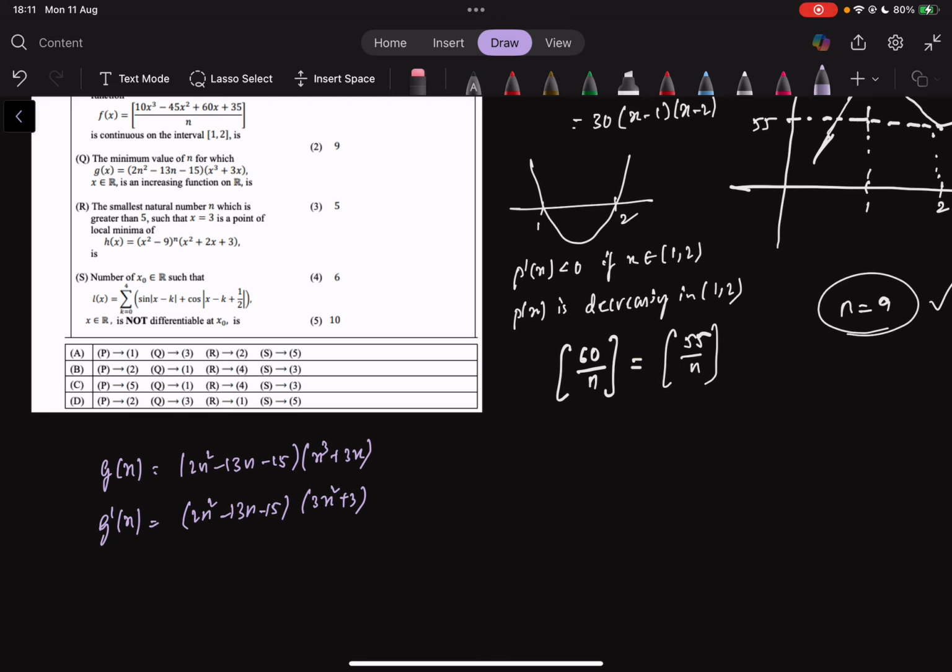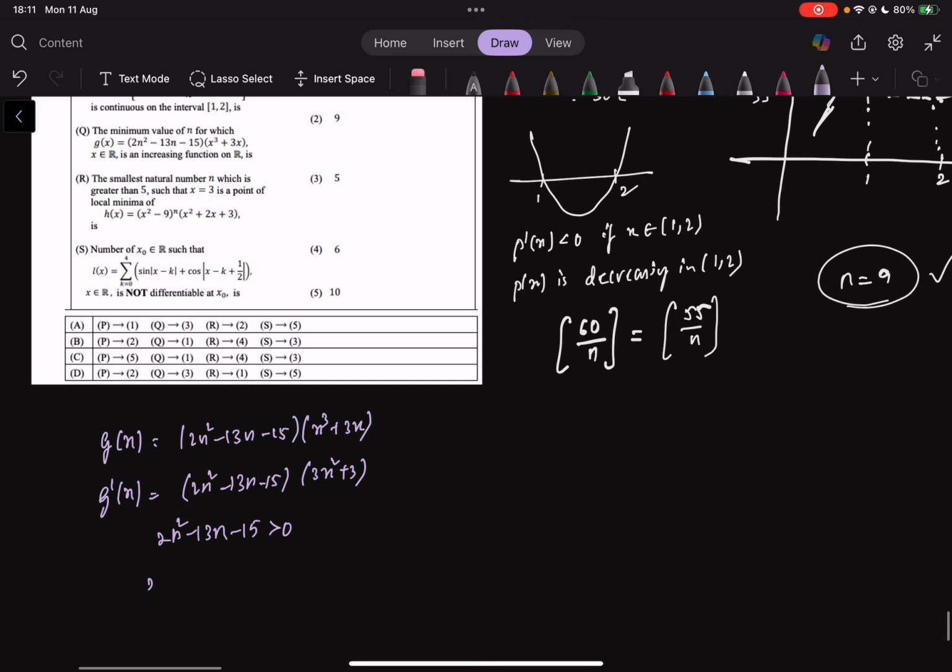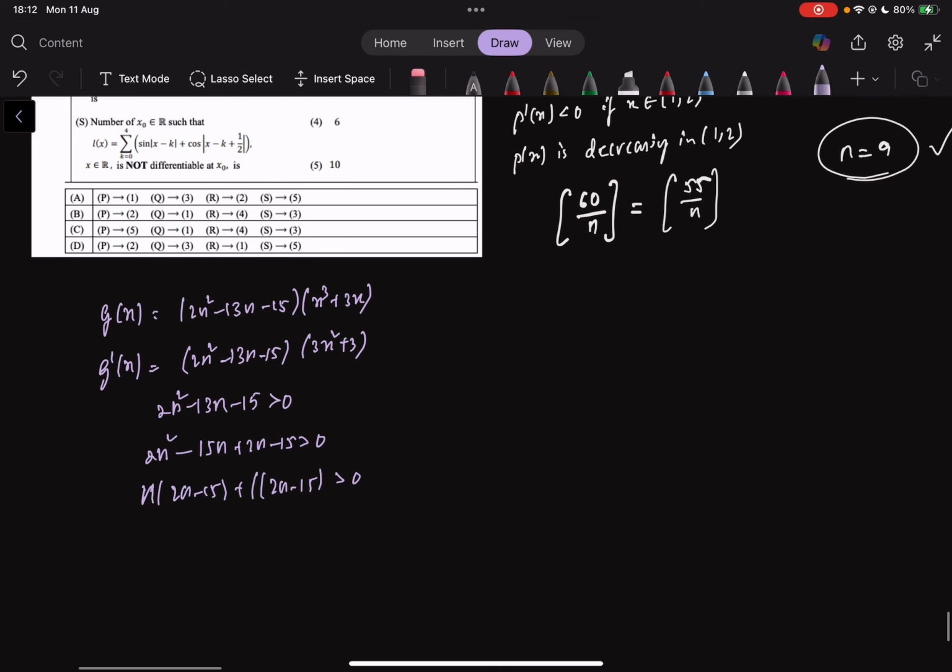Now for this to be increasing, 2n² − 13n − 15 must be greater than 0, because the second term 3x² + 3 is anyways greater than 0. So this means 2n² − 15n + 2n − 15 is greater than 0. That means n(2n − 15) + 1(2n − 15) is greater than 0.